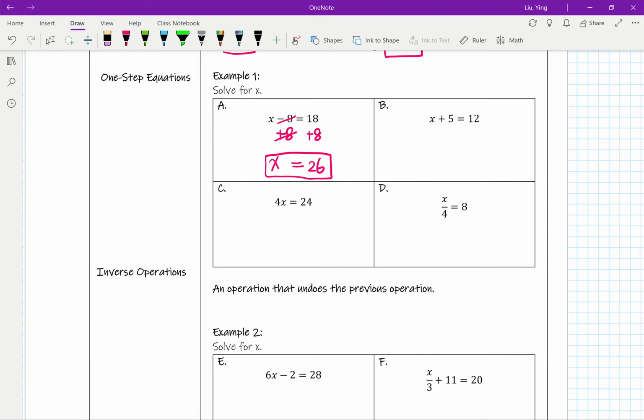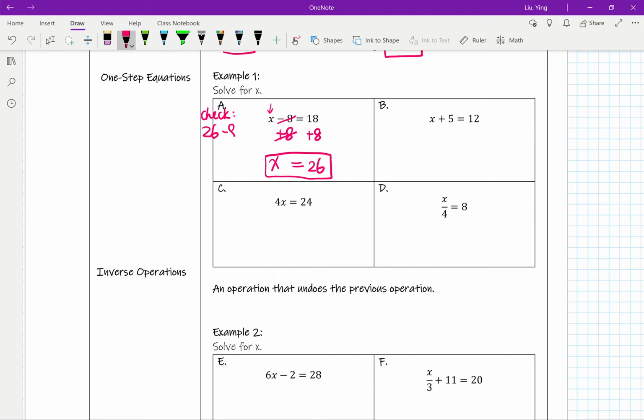Now, to check if we were right, we can do a quick check. We replace the variable with the solution that we found. So we're saying, I did have 26 scoops to start with in that big pile.